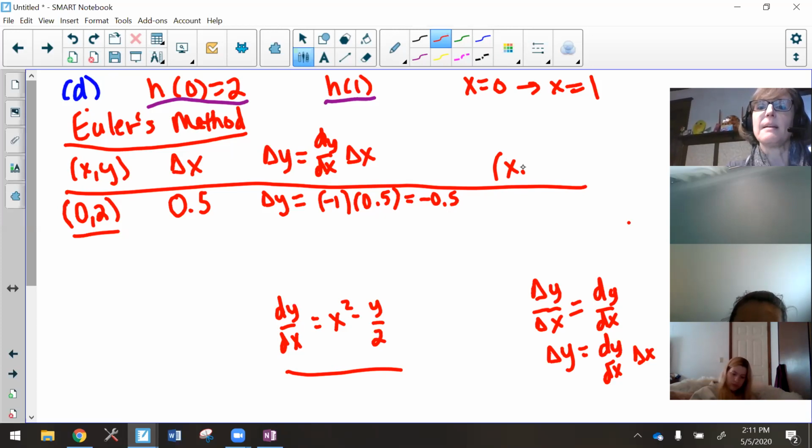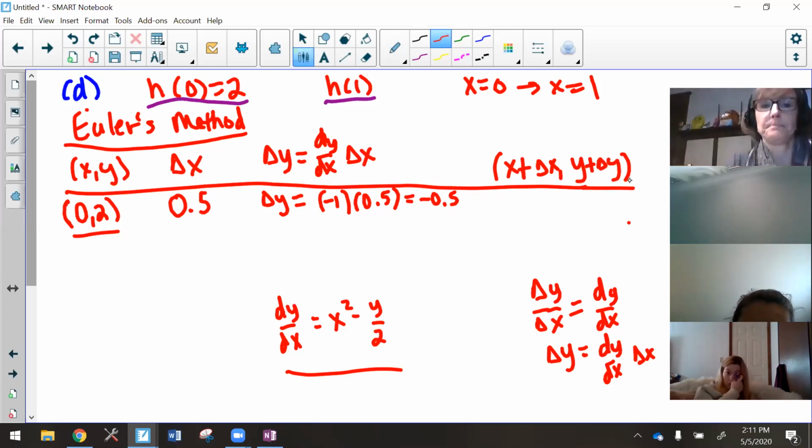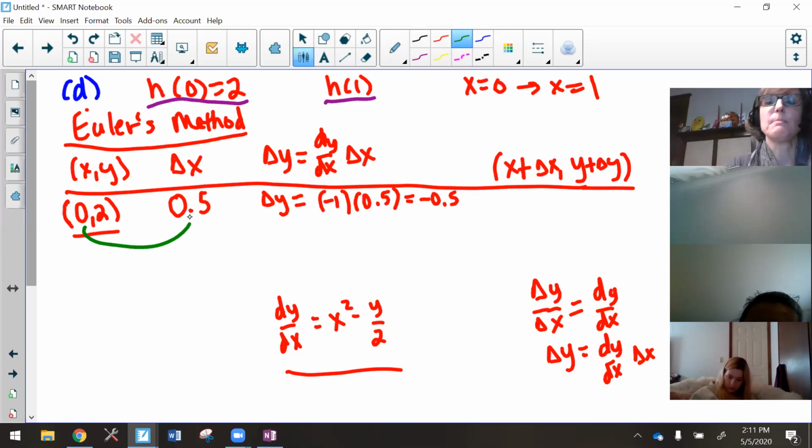And then I come up with my new point, which is x plus delta x, comma y plus delta y. So I'm going to take 0 plus 0.5. That's going to give me 0.5.